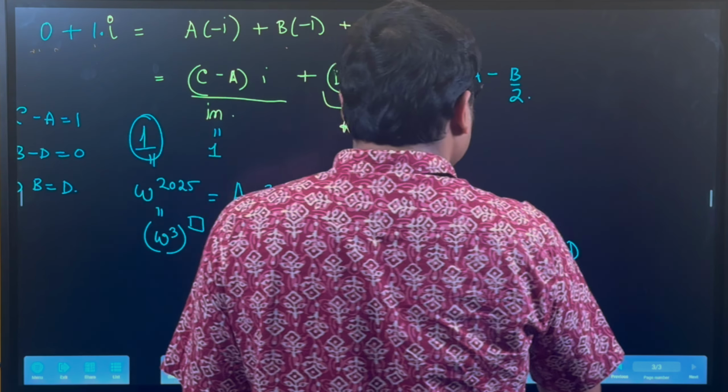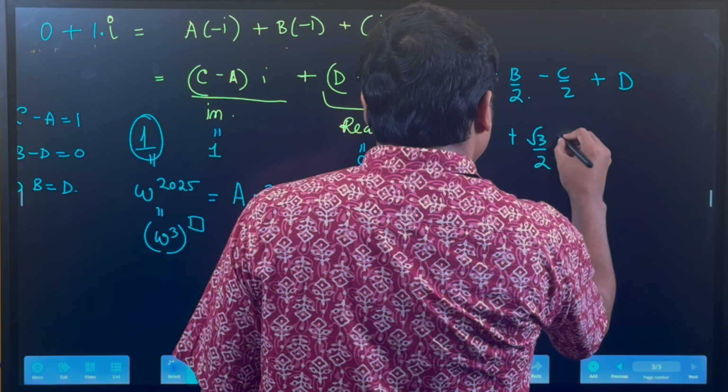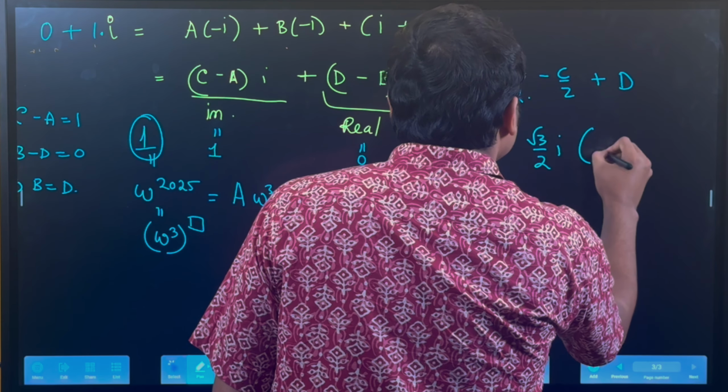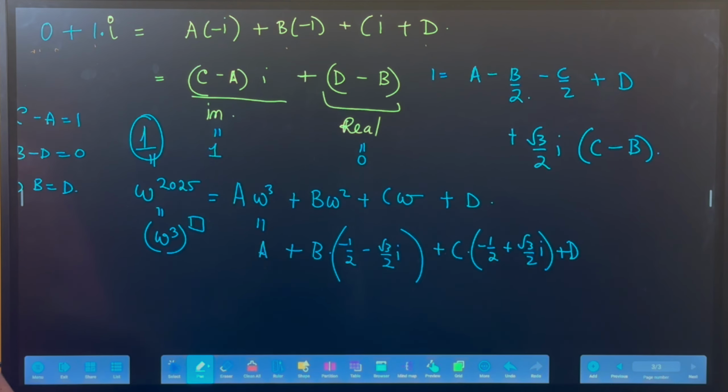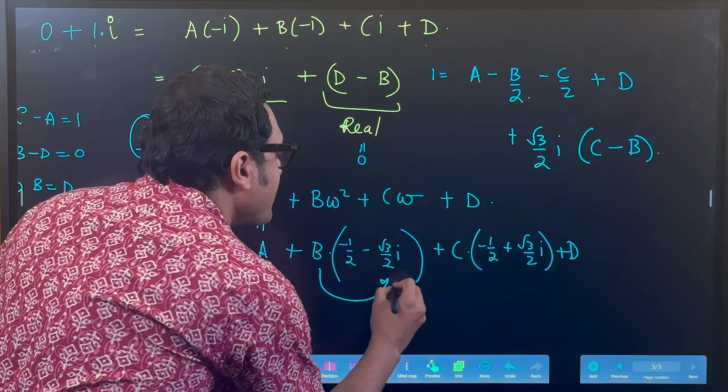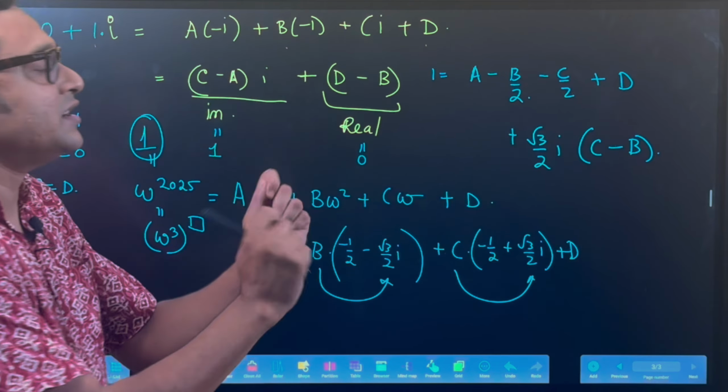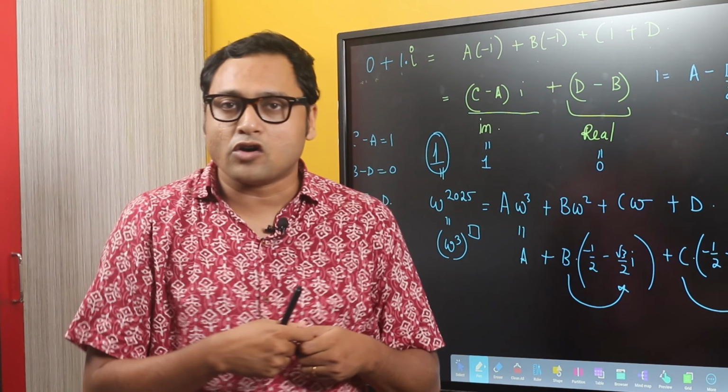Let's look at the imaginary part. The imaginary part is root 3 by 2 i times (C minus B). I am combining, multiplying stuff and taking root 3 by 2 i common.